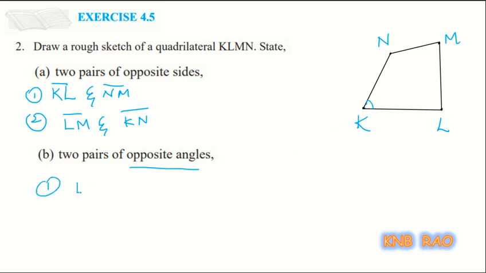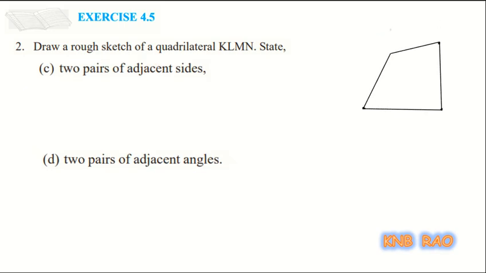Angle K is opposite to angle M, angle L is opposite to angle N. Then in the same figure, I'm taking the same K, L, M, N. We are asked to write 2 pairs of adjacent sides. In fact, 4 pairs of adjacent sides will be there.